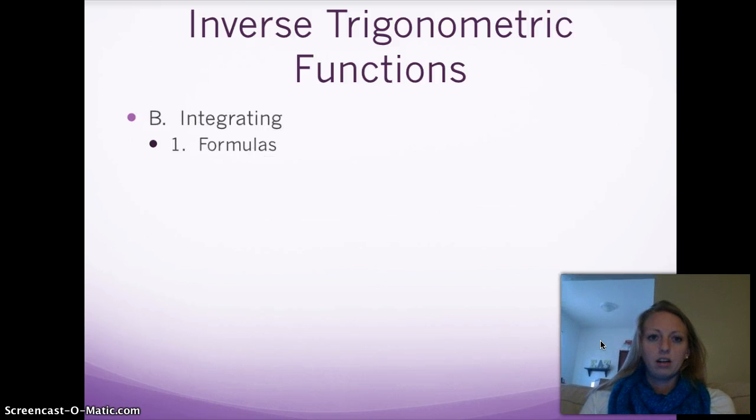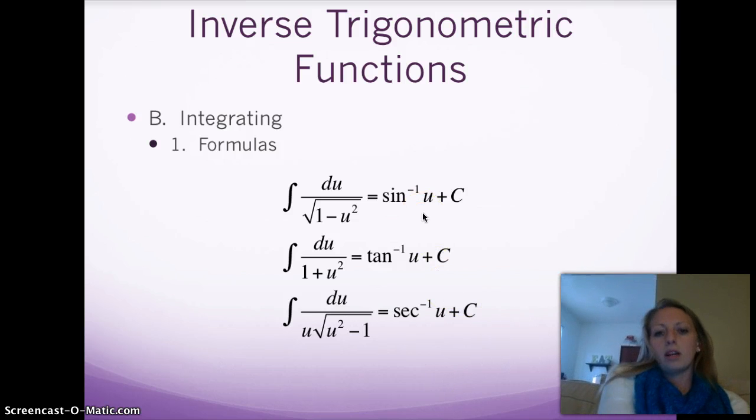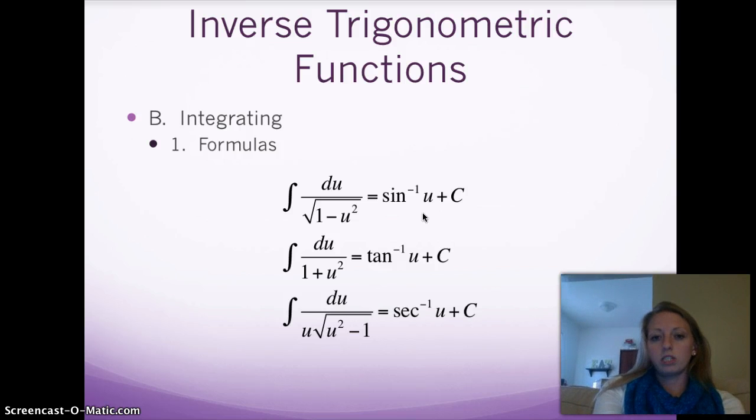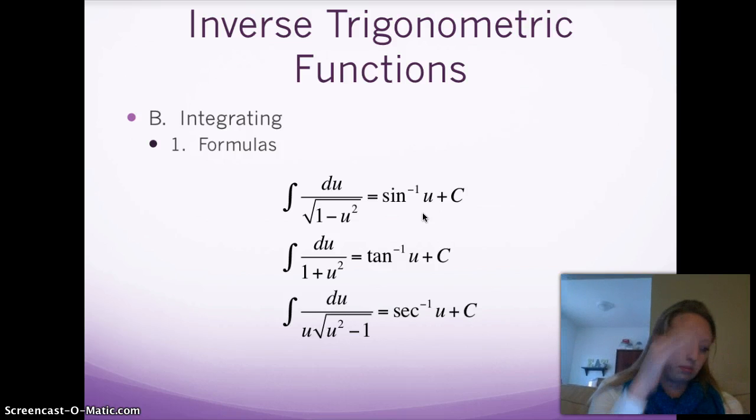Okay. Integrating your formulas: the integral of du over the square root of 1 minus u squared equals sine inverse u plus c. The integral of du over 1 plus u squared equals tangent inverse u plus c, and du over u times the radical u squared minus 1 equals secant inverse u plus c. Now you might wonder why we only have these three.